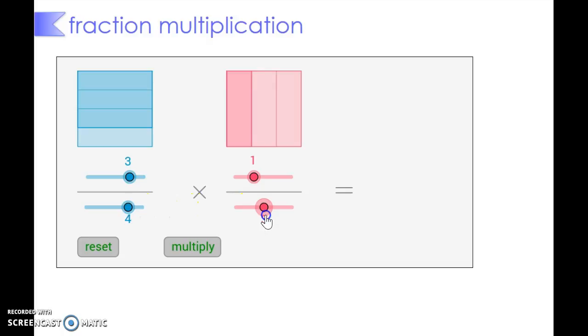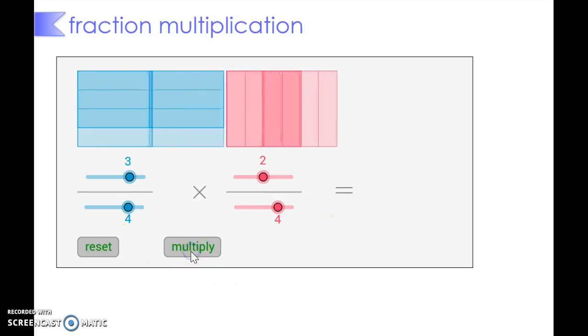And let's try yet another problem. Alright, so it works the same way. We're going to multiply 3 by 2, which should give us an answer of 6. And we're going to multiply the 4's together, which should give us 16.